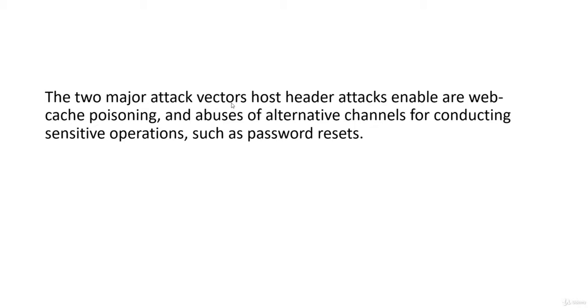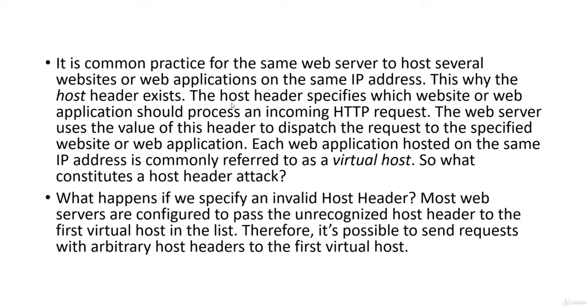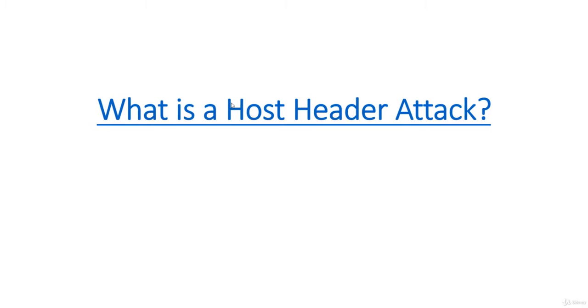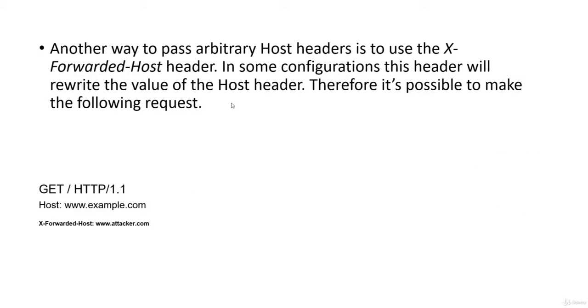It is done with the arbitrary parameter, and we'll see all about that in the upcoming lecture. So this is the short theory on the host header injection attack, how the host header works, and we attack on these two parameters, the Host parameter and X-Forwarded-Host, which is the arbitrary host header. Let's see how this works in the next lecture.